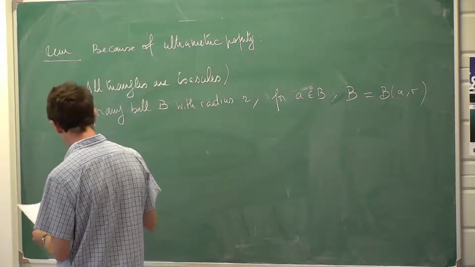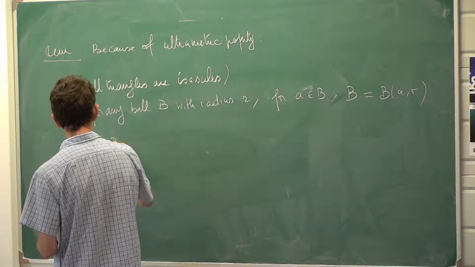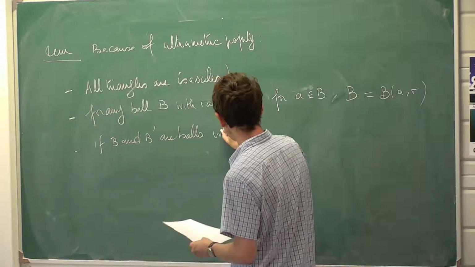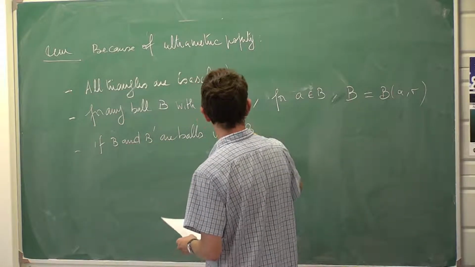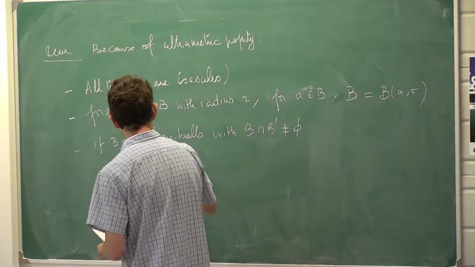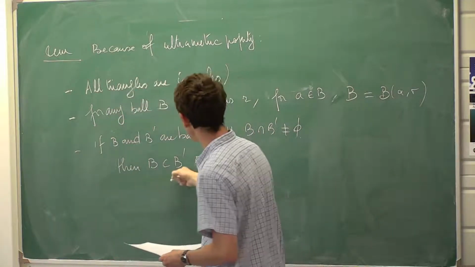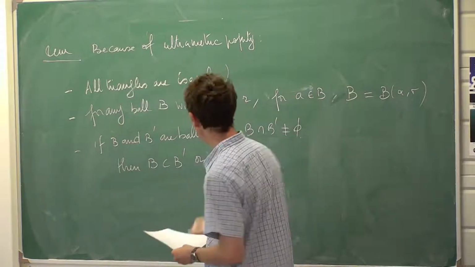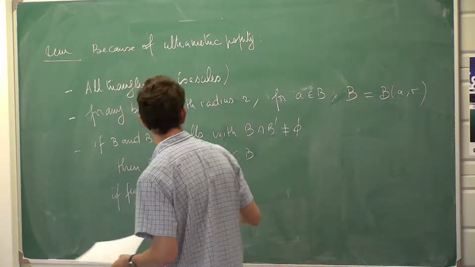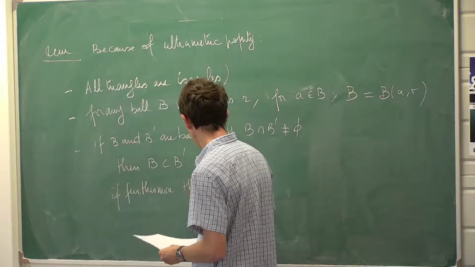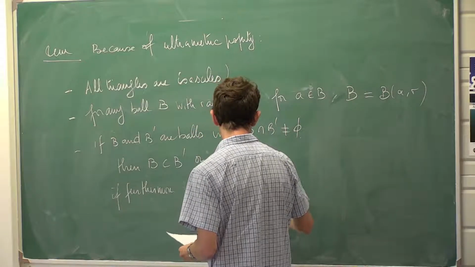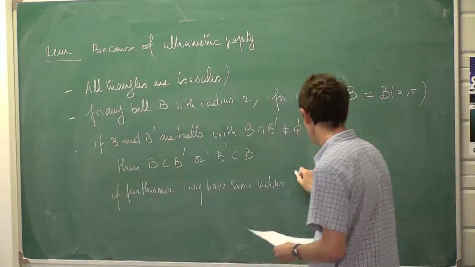And as a consequence of that, if you take two balls, and you assume that the intersection is non-empty, then you have an inclusion from B to B', or from B' to B. And if furthermore they have the same radius, then the balls are equal.